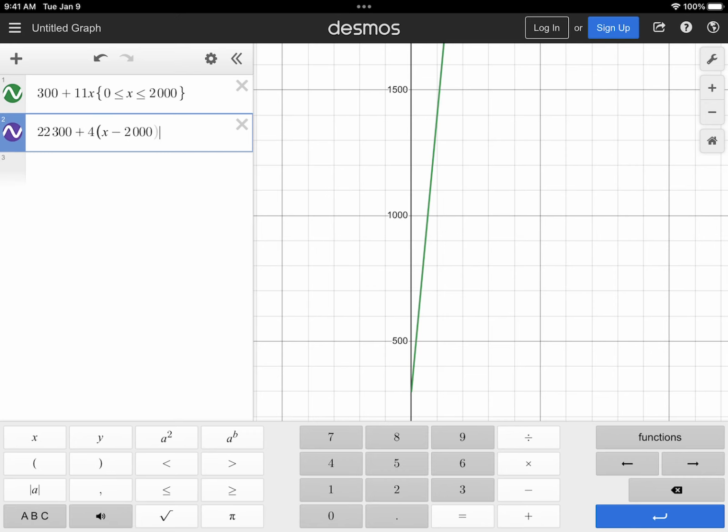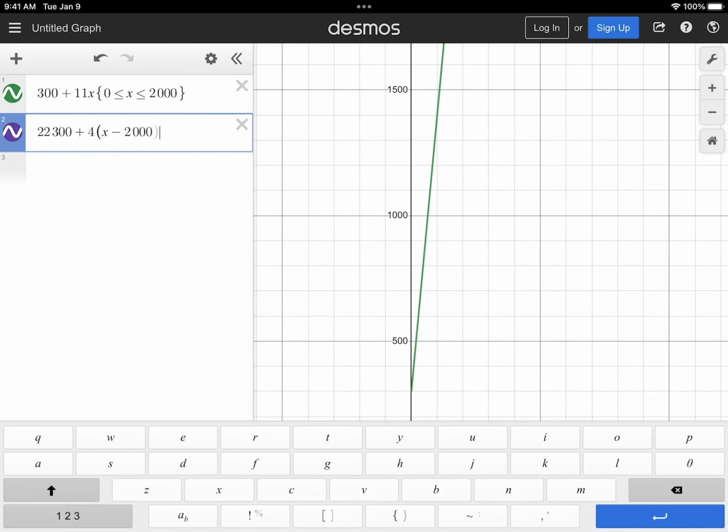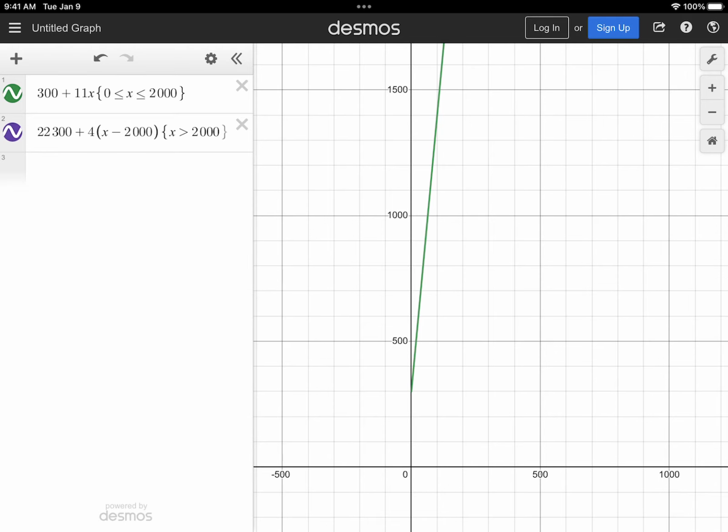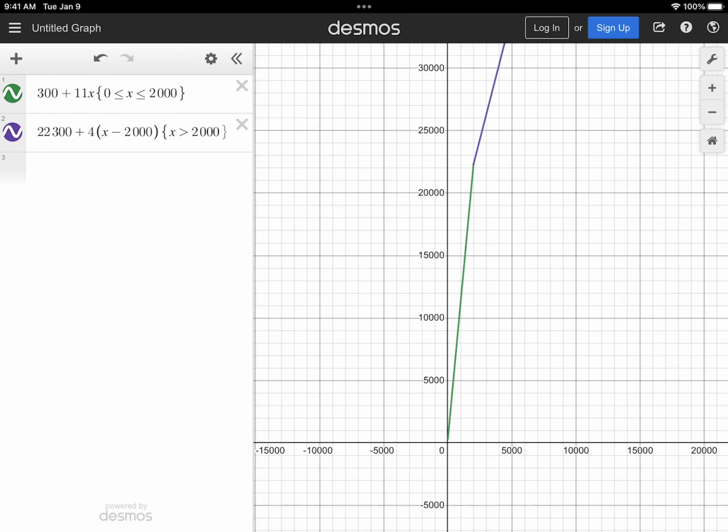And our restricted domain, we have X is greater than 2,000. Okay, so there is our graph here.